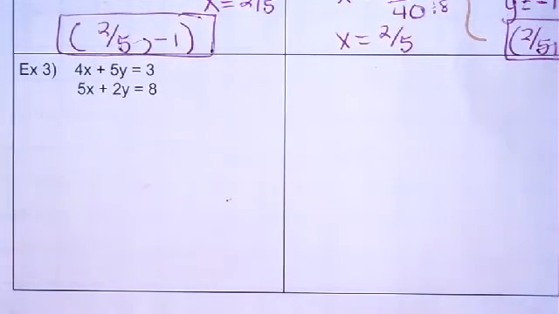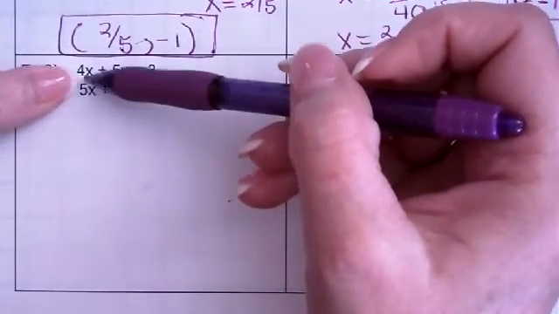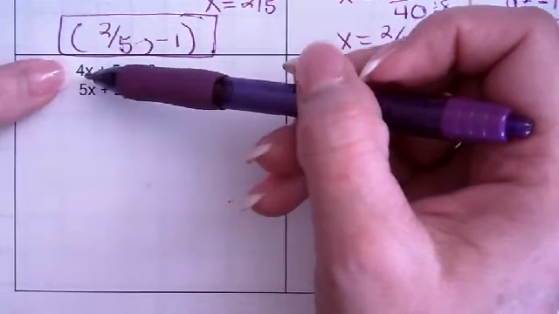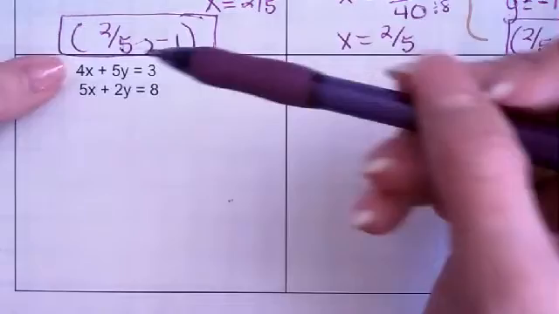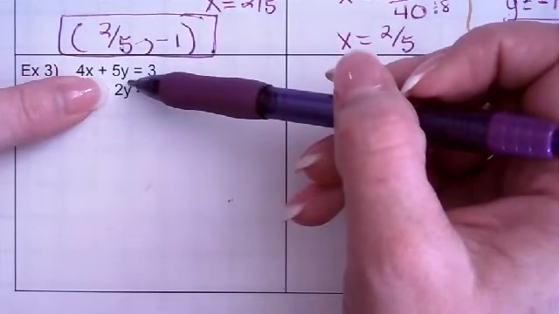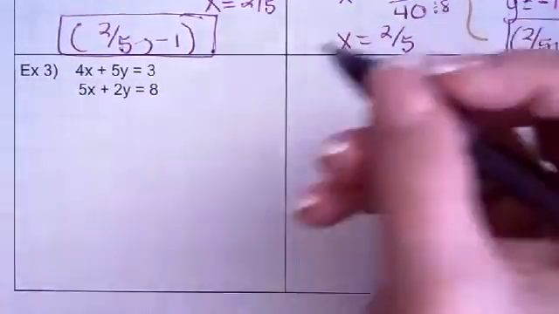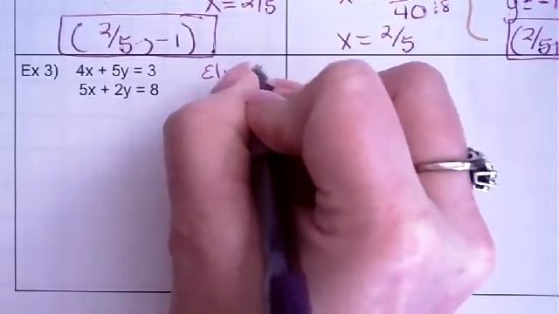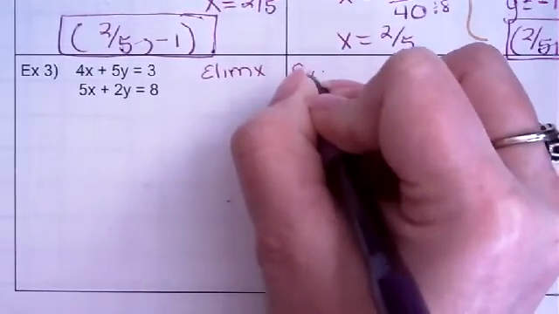If I look at my coefficients on x's, I notice the larger coefficient is not a multiple of the smaller one. 5 is not a multiple of 4. Well, it's the same deal with the y's. 5 is not a multiple of 2. So what's going to happen in this one is I'm going to have to multiply both equations.